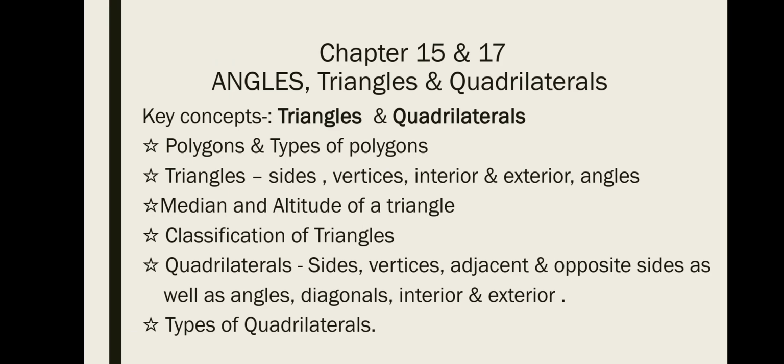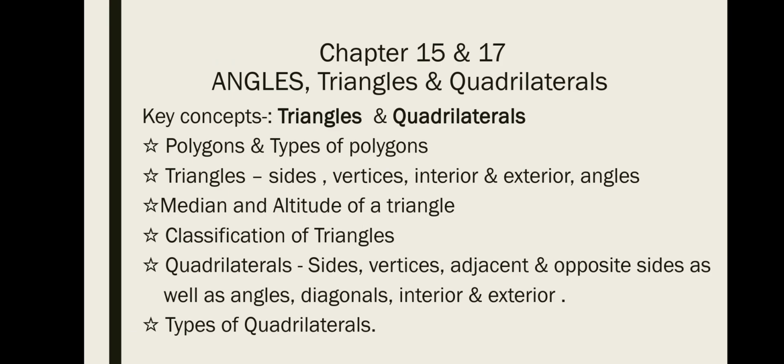Key concepts of triangles and quadrilaterals: polygons and types of polygons, triangles, its sides, vertices, interior and exterior, and angles of a triangle. Then median and altitude of a triangle, classification of triangles.